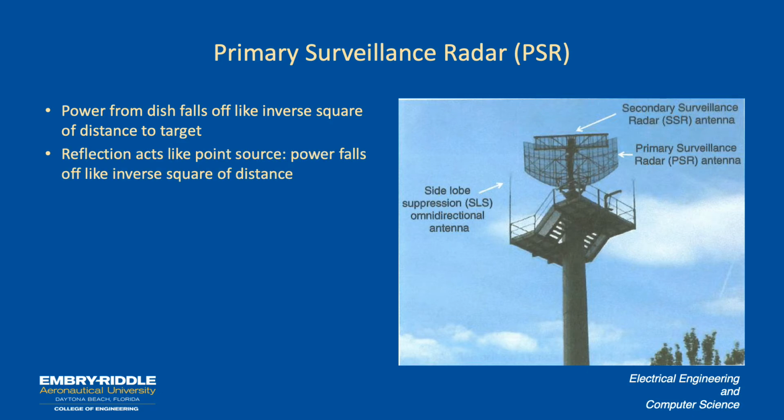So as we transmit power, the primary surveillance radar, it's going to look to the aircraft. It's far enough away it's going to look like a point source. And when you have a point source of energy, you put a sphere around it. This is what Gauss figured out a long time ago. The area of that sphere is going to be proportional to the radius squared.